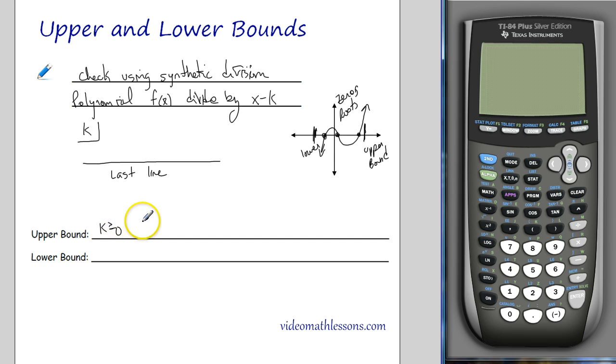So if k is greater than or equal to 0, and the last line is all positive, then you know it's an upper bound. If the last line is all positive, k is the upper bound.